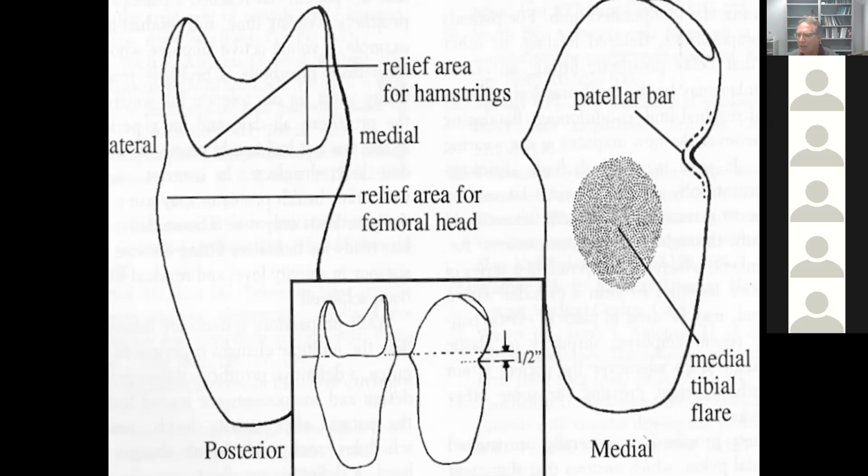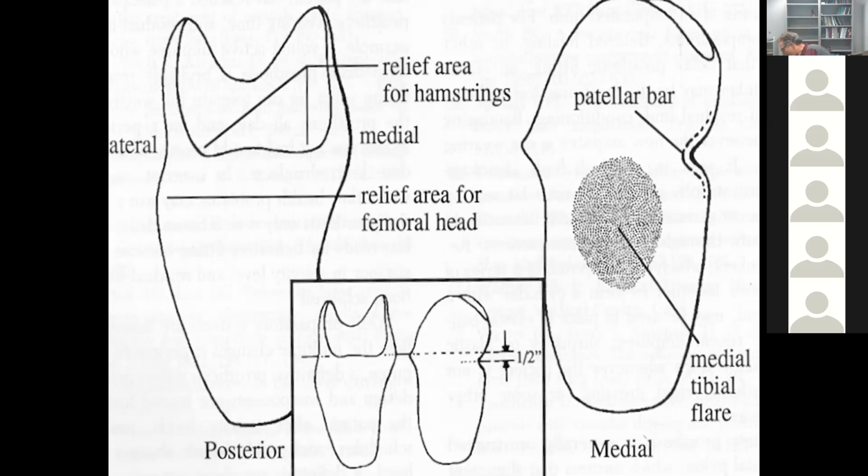And now here's one thing that you perhaps would not have thought about unless you had learned more about this environment: one place that we load up also is called the medial tibial flare.